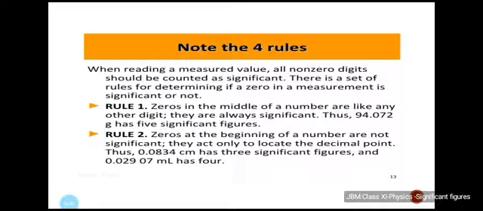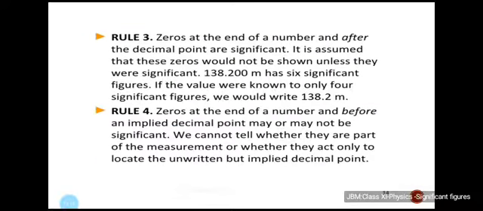So in a number less than 1, all zeros to the right of the decimal point and to the left of a non-zero digit are not significant. So if we put x equal to 1.0084, how many significant figures are there? There are 5 significant figures.